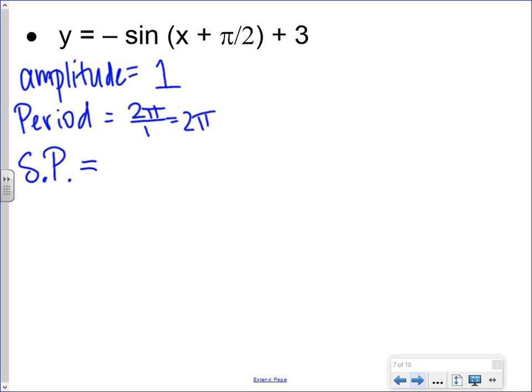Grace W, how do we get the x coordinate of our starting point? What's our C value? And what's our B value?